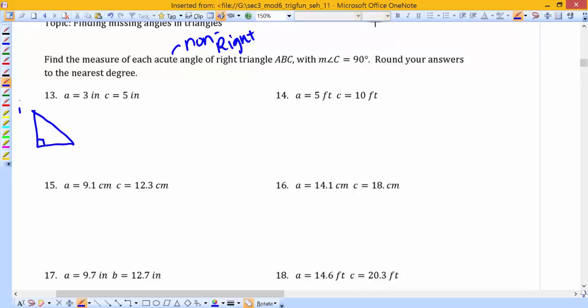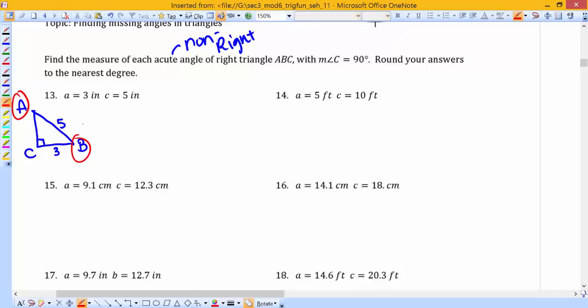If I say that this is A, this is B, my right angle is C. So little a has to go across from big A. So here's little a, 3. c has to go across from C, so 5. So now to find your angle measures, when it says find the acute angles, these are what you're looking for.